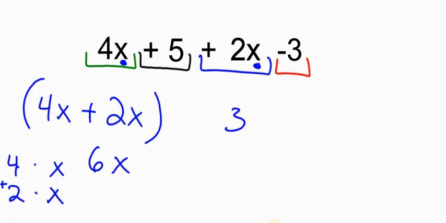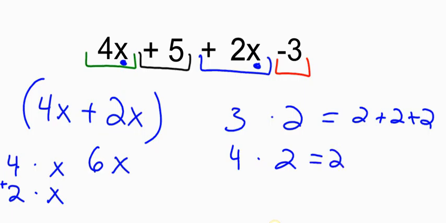If I have 3 times 2, that's the same as taking 2 plus 2 plus 2, 3 2's. If I have 4 times 2, that'd be the same as 2 plus 2 plus 2 plus 2, because multiplication is repeated addition.